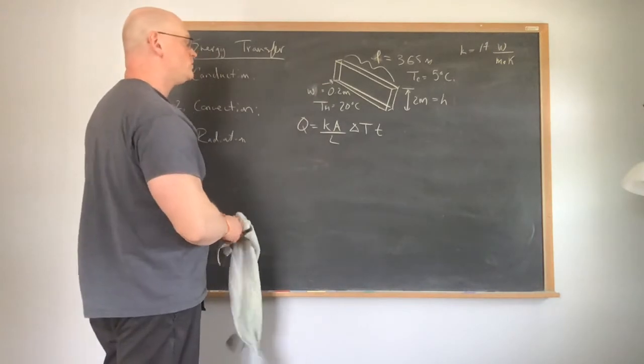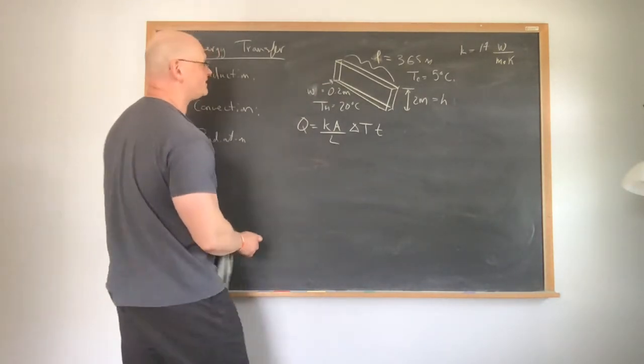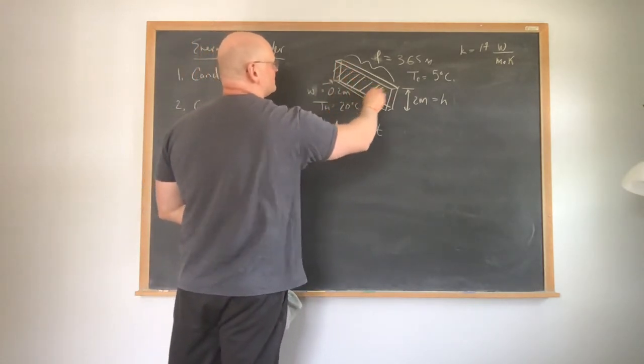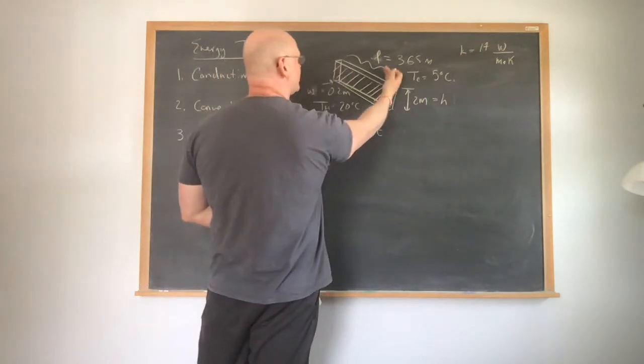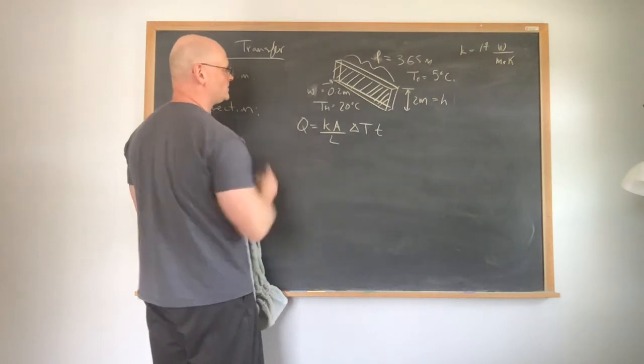So we know K, so now we have to determine the cross-sectional area. In this case, it is simply this cross-sectional area, which means we were trying to transfer energy from one side to the other, and the length in this case is simply going to be equal to the width.